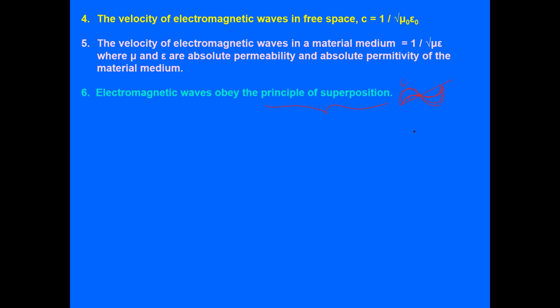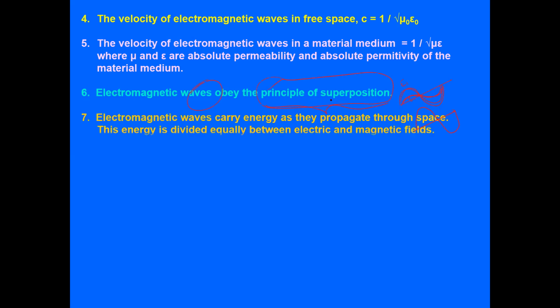So there will be a resultant field generated by the vector sum of these two fields. So the electromagnetic waves obey the principle of superposition. That is basically a very simple thing. Two sources, if placed together, the output in the surrounding region that we get is the contribution of both of the sources.